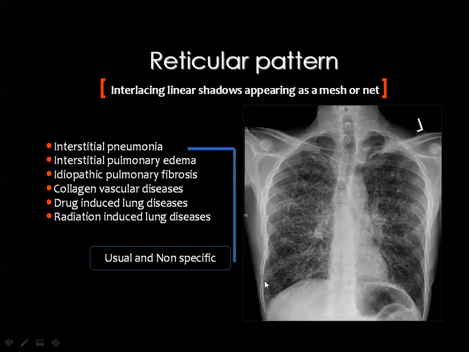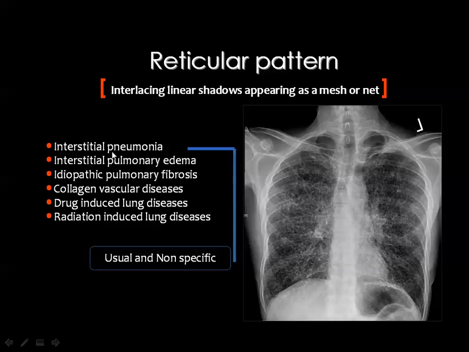Now we'll start the differential diagnosis of diffuse lung disease, starting with the reticular pattern. If you look at the chest radiograph and you see too many reticular opacities or strandy opacities involving most of the lung fields, what are the possibilities? And here are the possibilities.